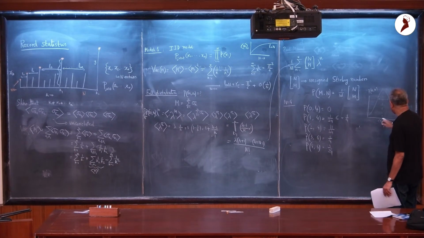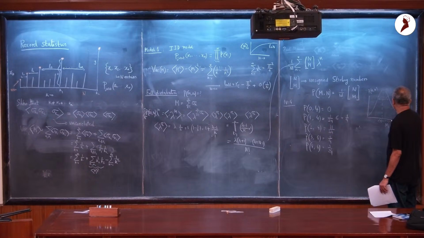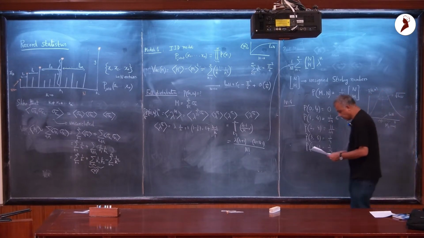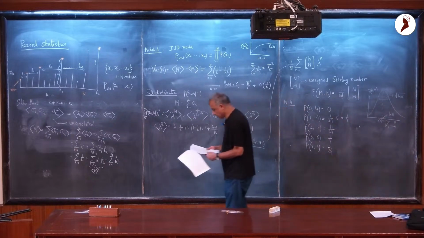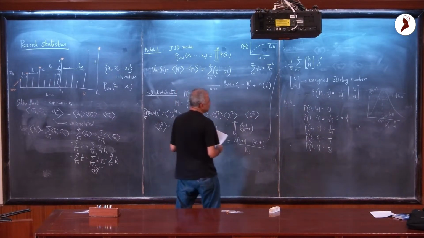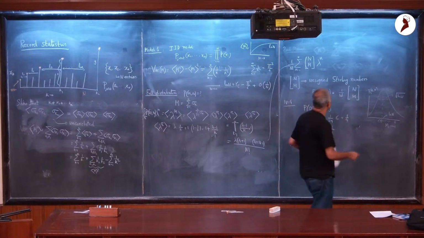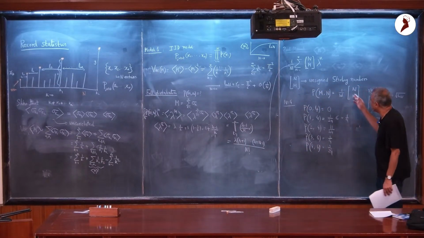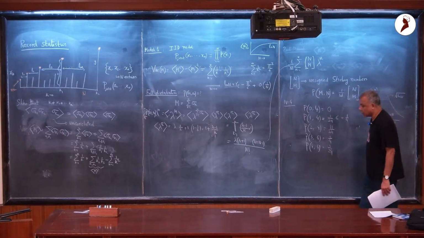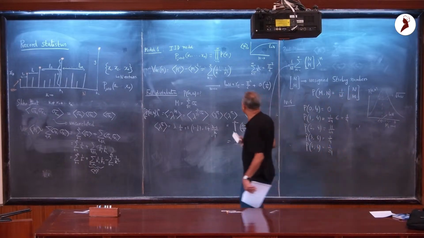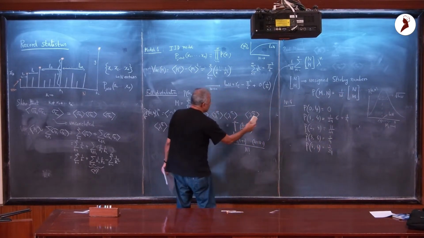So for large n, this mean goes like log n. The variance also goes like log n. So the width, which is the standard deviation sigma, will go like square root of log n, whereas the mean will go like log n. And in fact, you can calculate the asymptotic behavior for large n and large m. You can use, again, the well-known asymptotic properties of Stirling numbers.